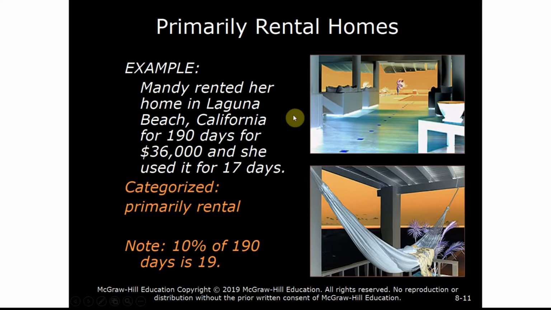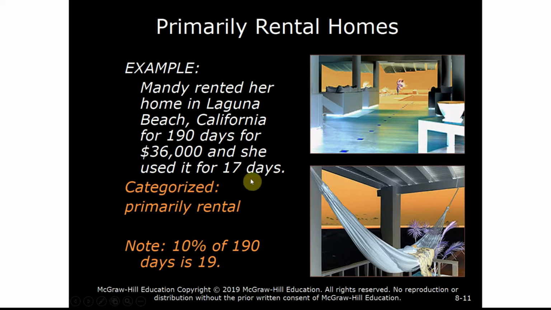So here's a case where Mandy rented her home in Laguna Beach, California for 190 days for $36,000, and she used it for 17 days. Well, this would be primarily rental, because remember the test: it's not used for personal purposes for more than 14 days, or 10% of the days it's rented. 10% of the days it's rented is 19 days, 190 times 10%.